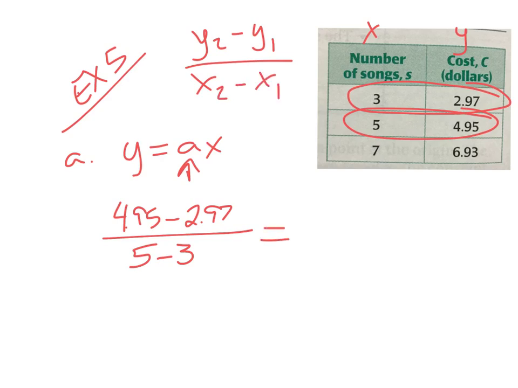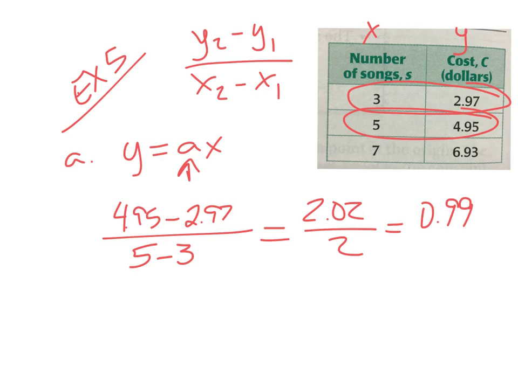So what's 4.95 minus 2.97? 1.98. Over 2. So divide that, what do you get? I believe you get 0.99.